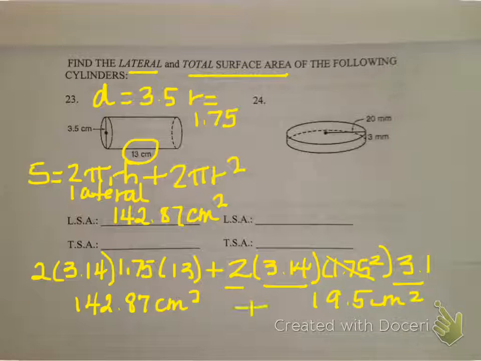I need to add those two figures together, and you get 162.37 centimeters squared. So the total surface area of the cylinder is 162 centimeters squared. And then you can go ahead and find the next one using the same formula.